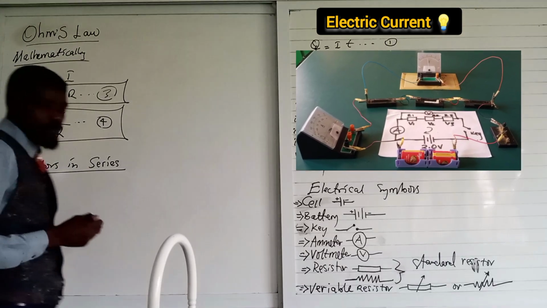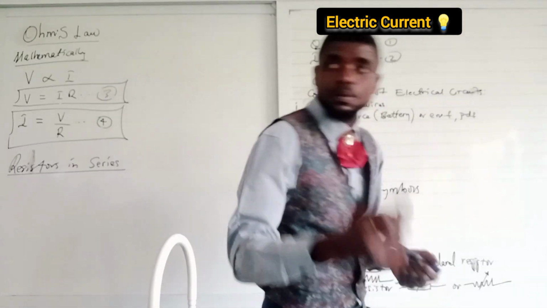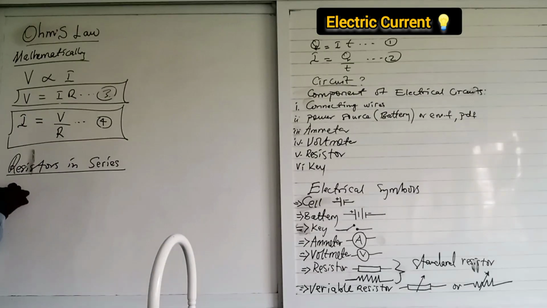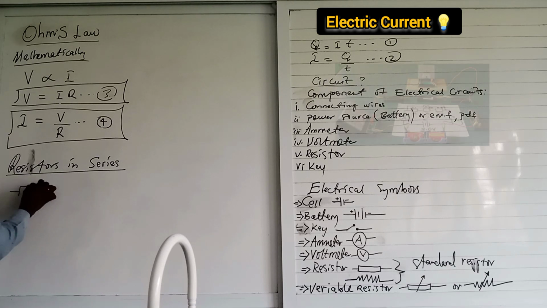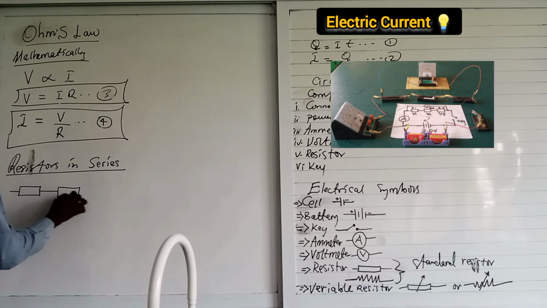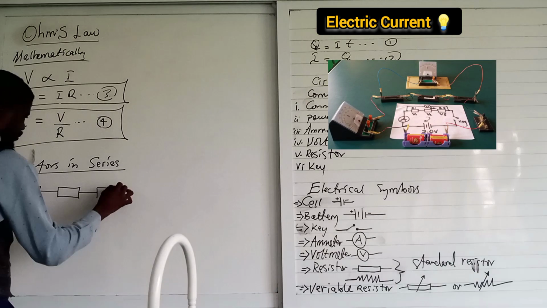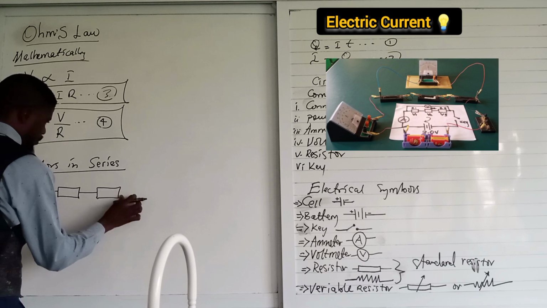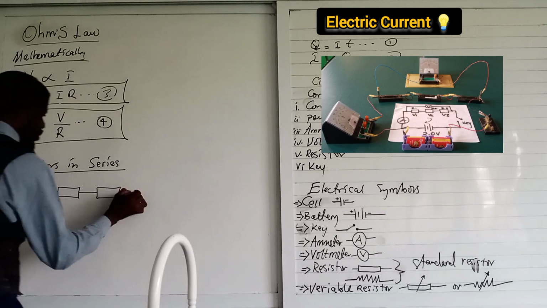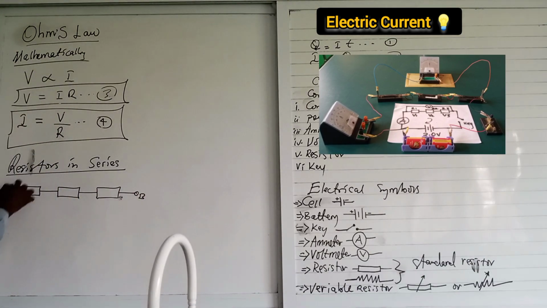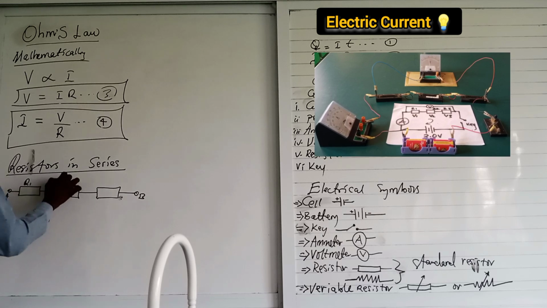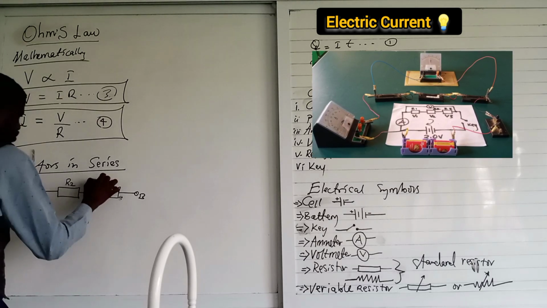When resistors are connected in series, this is what it looks like. And so we can call this terminal A and this your terminal B. So for terminal A, you have, let's say this is your R1, this is your R2, and this is your R3.